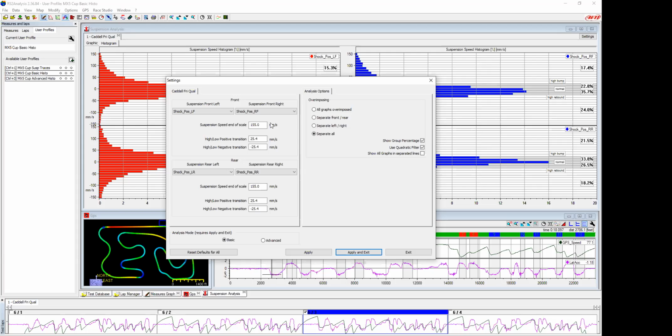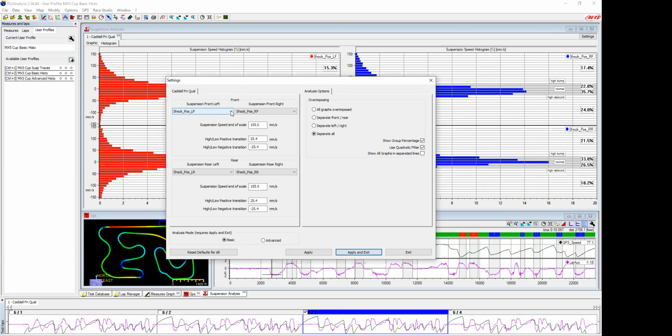Okay. The suspension end of scale 155 is nothing more than the scaling at the top and the bottom here: 155 on the positive side, minus 155 on the negative side. And then here's that next really important piece: when you first open up yours, it might even say logger temperature as the channel that you're applying all of this to and creating these histograms.